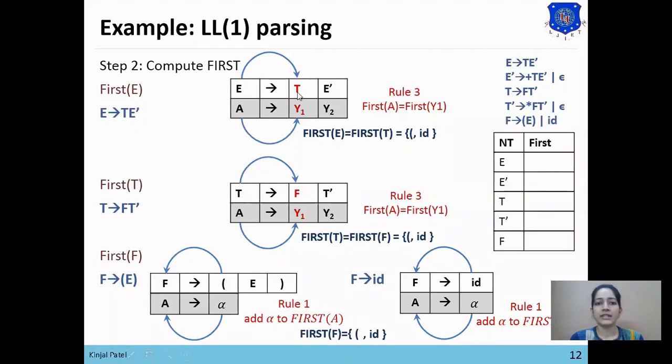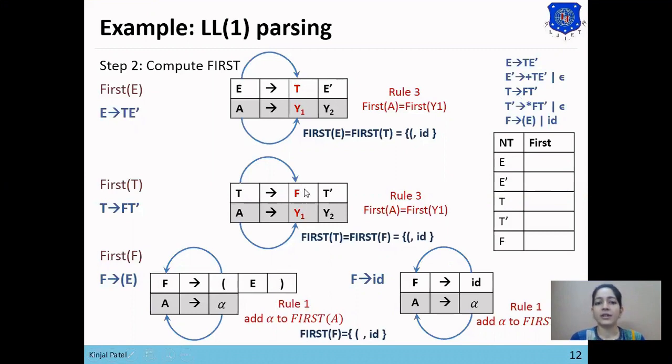Now rule 3 says that if there is a non-terminal at the first position and that non-terminal derives null, then we need to check for the next non-terminal also. So we need to check whether T produces null. As we can see, T does not produce null, so we need not check for first of E dash.